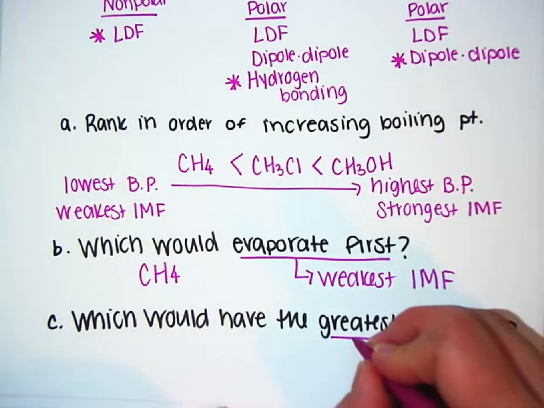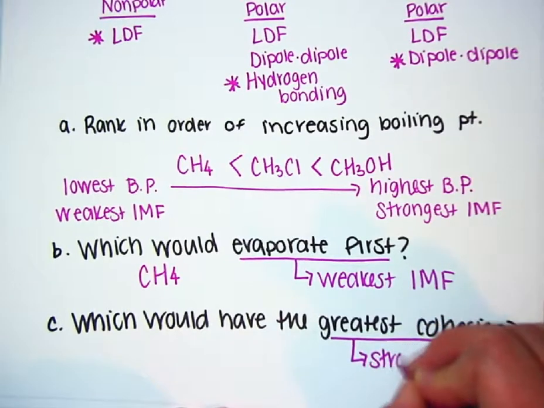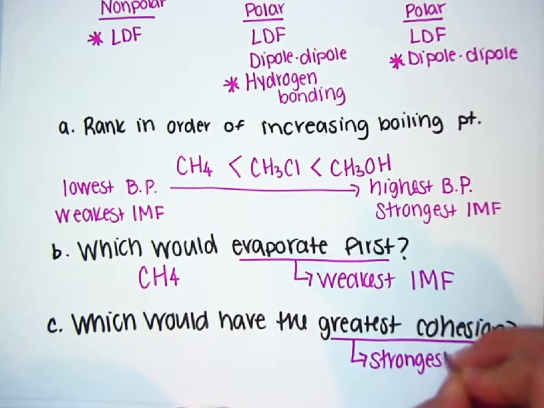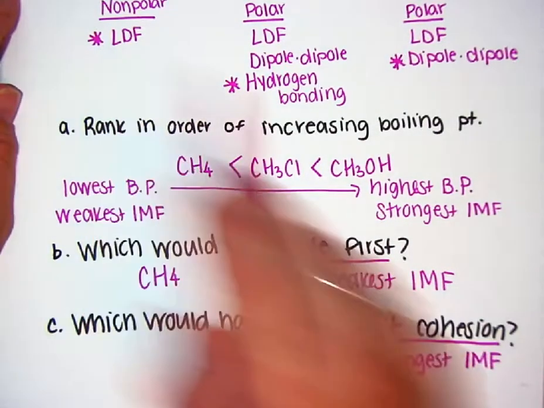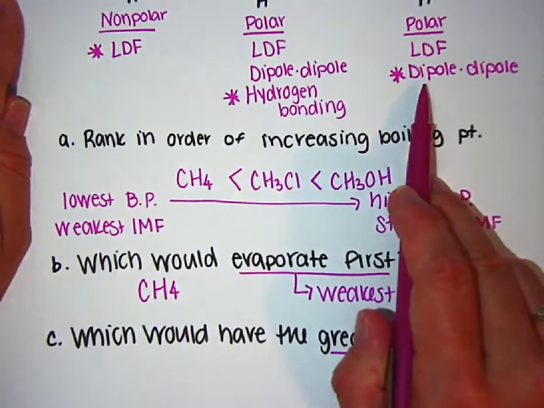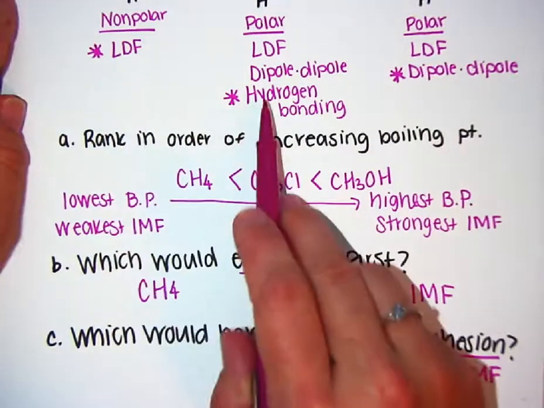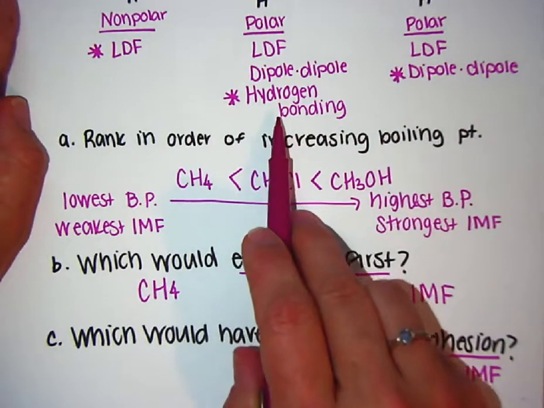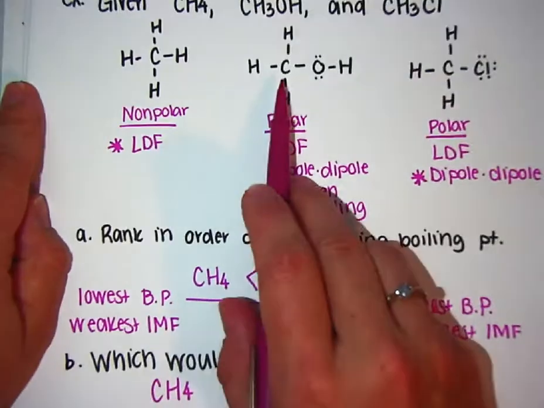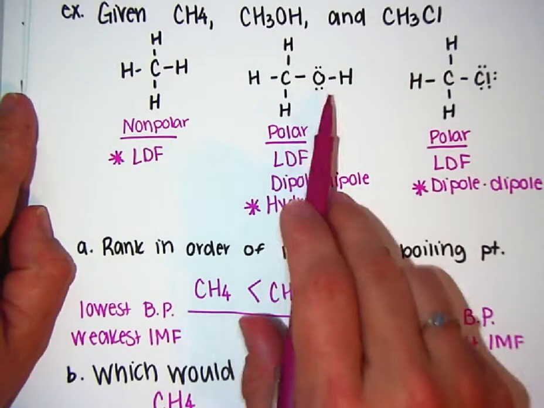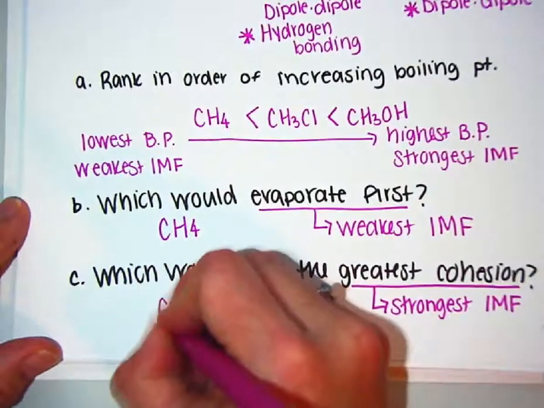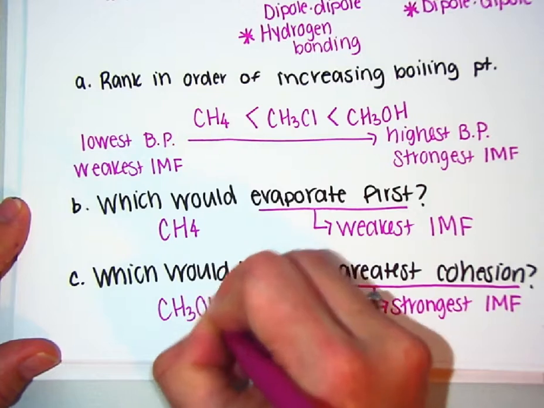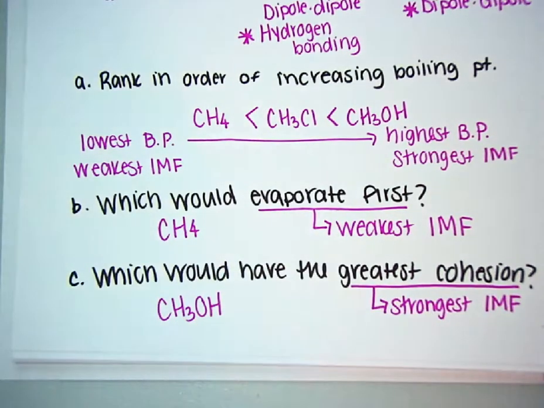So if we're looking for the greatest cohesion, we're looking for which of these three molecules has the strongest intermolecular force. In terms of London dispersion forces, dipole-dipole, and hydrogen bonding, hydrogen bonding is the strongest. So CH3OH, methanol, is going to have the greatest cohesion. Stronger intermolecular force, the tighter those molecules are held together, so the greater the cohesion will be.